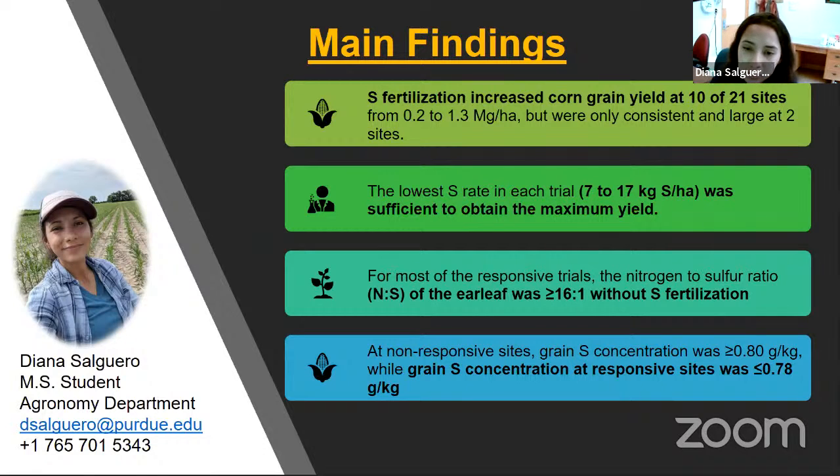As I mentioned in the introduction, it is necessary to have a good nitrogen to sulfur ratio because both occur in protein in an invariant proportion. If you don't have enough sulfur, no matter if you have a good amount of nitrogen for the plant, the formation or production of the protein is going to be threatened or compromised.